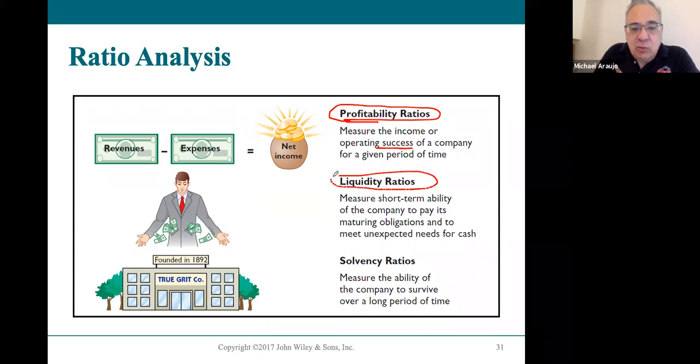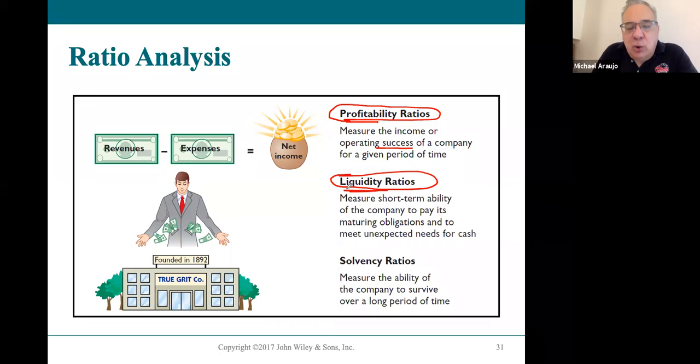The next ratio, liquidity ratios. Every time a company has expenses, they have payroll, they have rent, they have utilities, they need cash for inventory if they sell goods. You need cash to do everything. That's why they always say cash is king. So liquidity ratios measure the company's ability to turn certain assets to cash so they can do things, okay?